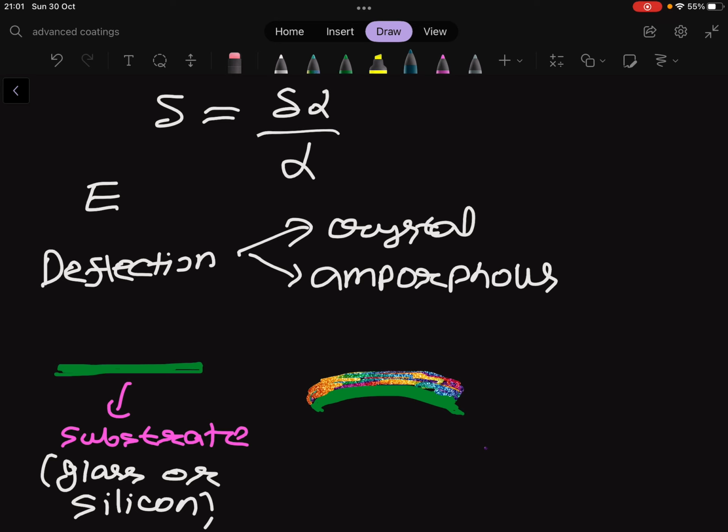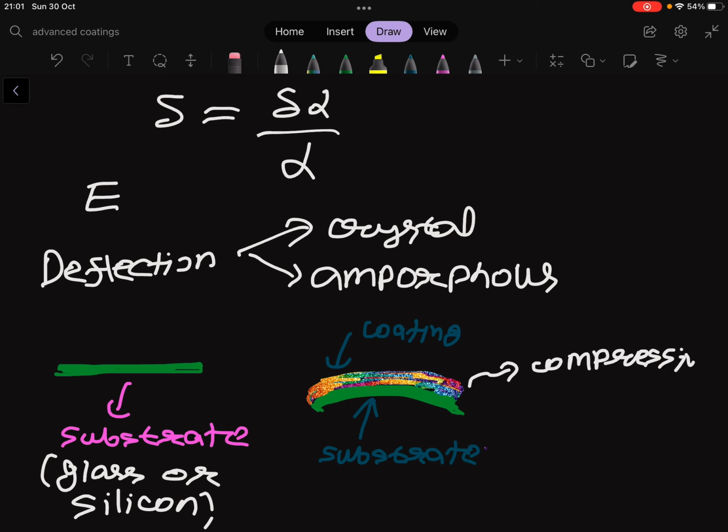So compressive stress results in a convex profile.